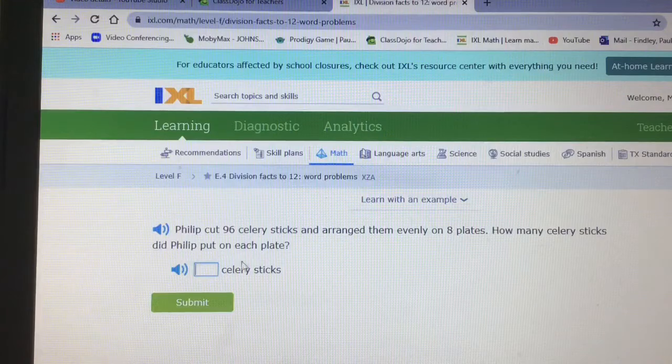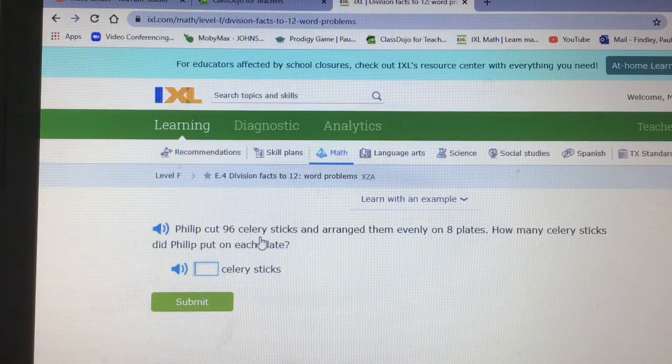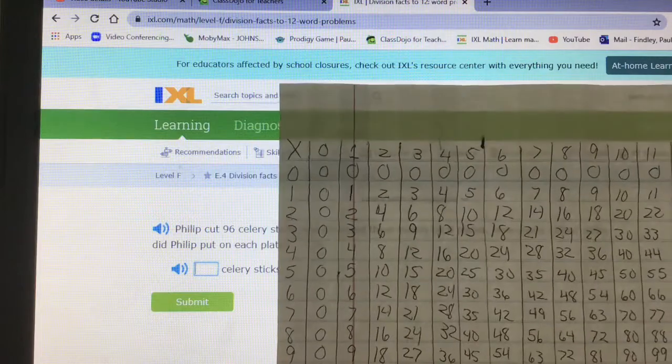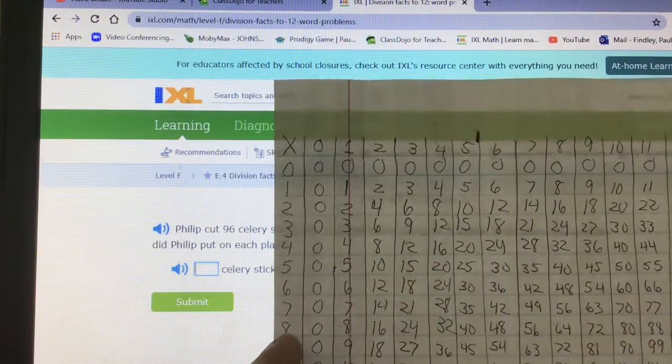Okay, now we've got story problems here. So you're going to have to think through what you're doing. This one says Philip cut 96 celery sticks and arranged them evenly on 8 plates. How many celery sticks did Philip put on each plate? Okay, so let's pull out our chart. This time, instead of 8 people, we have 8 plates.